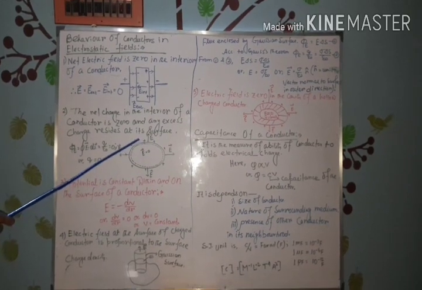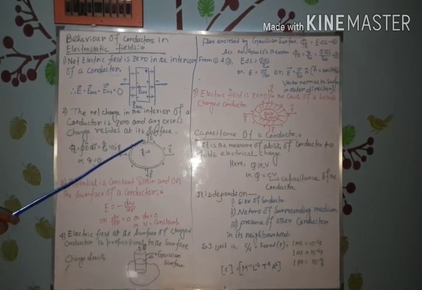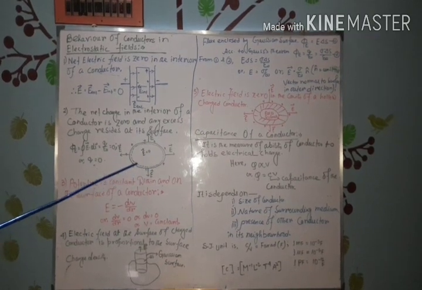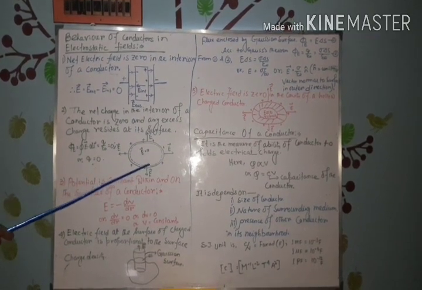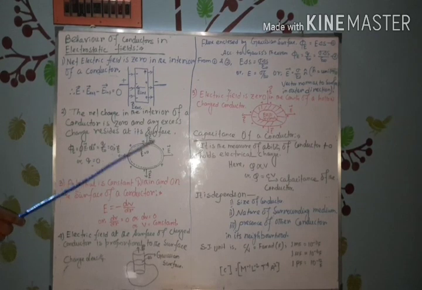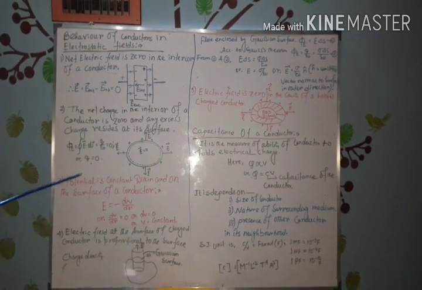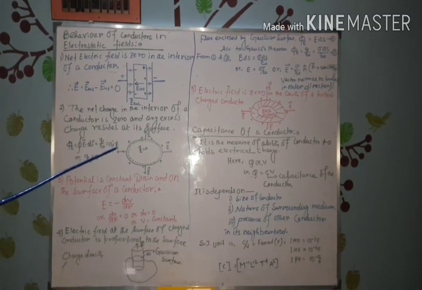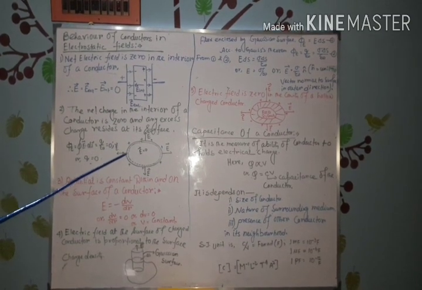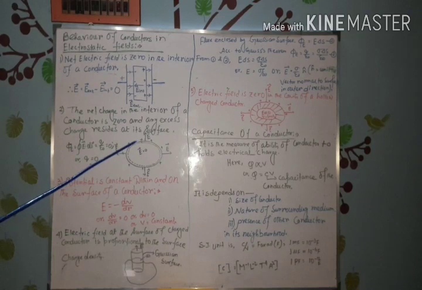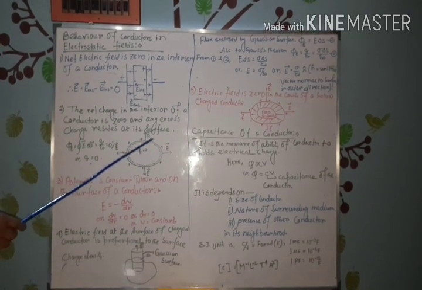The charge resides on the surface of the conductor, which is positive in nature. That's why the electric field is in the outward direction. Now we consider a Gaussian surface near the outer surface of the conductor.